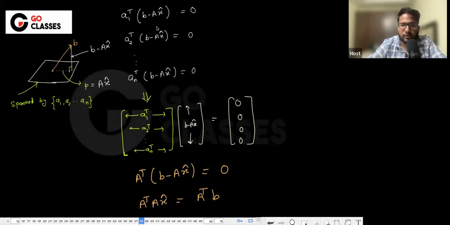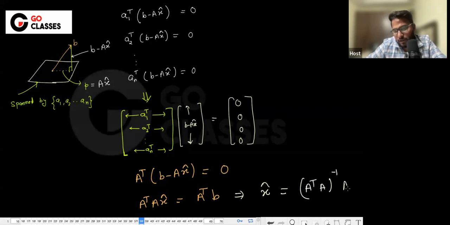Now, from here, you can find out the x cap. What is the x cap? x cap will be (A transpose A) inverse into A transpose b.